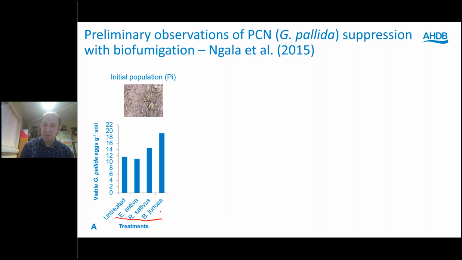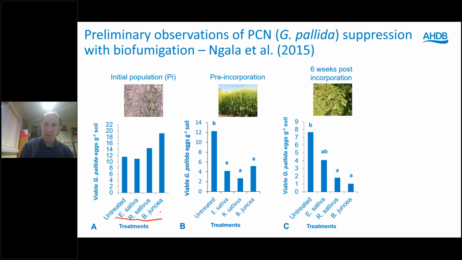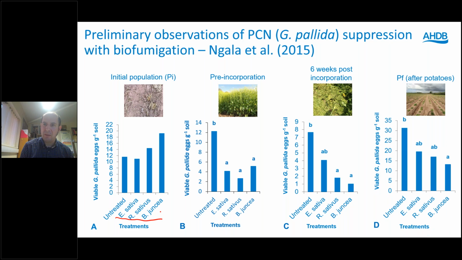So this initial one is just the initial population before the biofumigants were sown, so there's no significant difference there. But pre-incorporation, just before the crops of different biofumigants have been macerated and incorporated, there is a suppressive effect. And similarly, we can see the effect, and with Indian mustard to a greater extent, after the material has been chopped and incorporated.